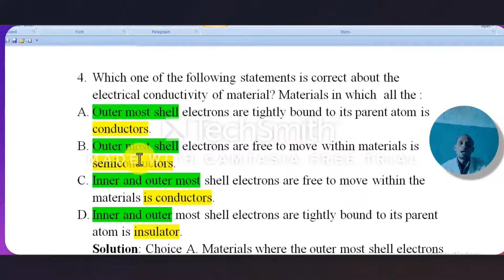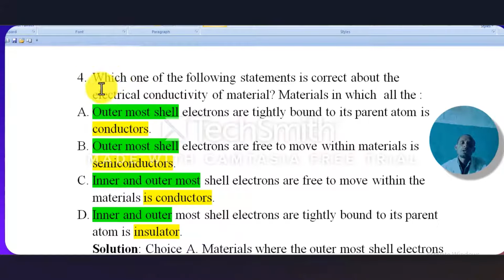Choice B, outermost shell electrons are free to move within the material is a semiconductor. Choice C, inner and outer shell electrons are free to move within the material is a conductor. Choice D, inner and outermost shell electrons are tightly bound to its parent atom is an insulator.